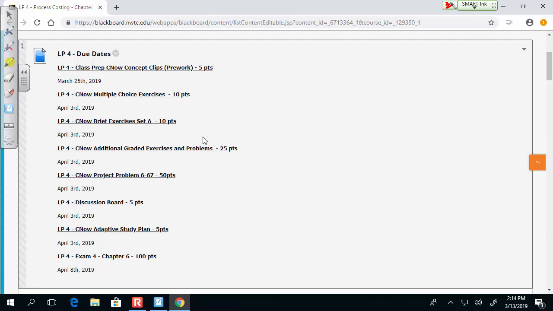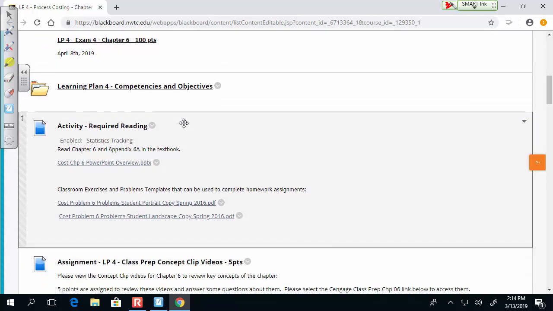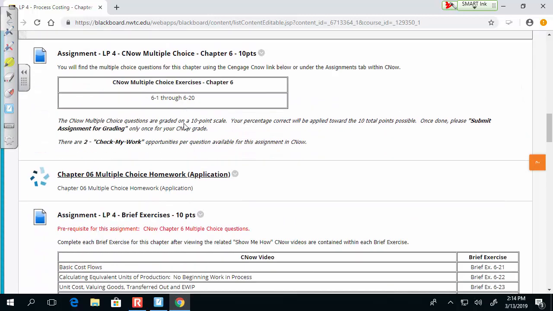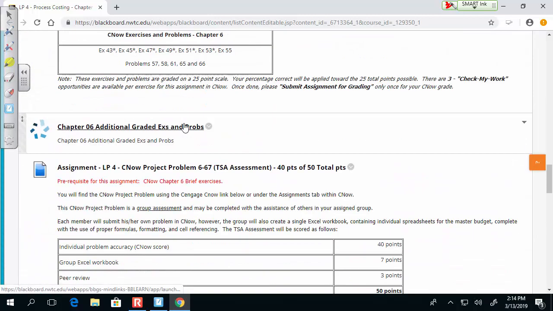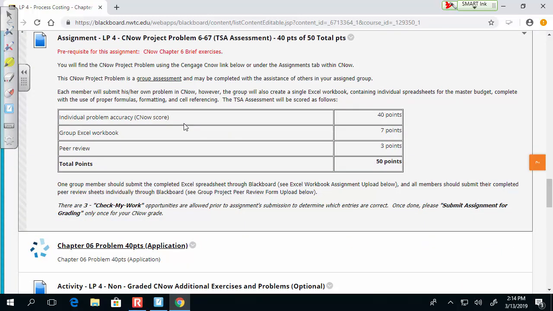In addition to the 25-point problem, which now becomes 40, the project has an Excel component to it. If you look in the Blackboard shell and go down to the now 50-point problem, which is problem 67, I've developed groups, 1 or 2 people in each group, that will do an Excel component to this assessment.